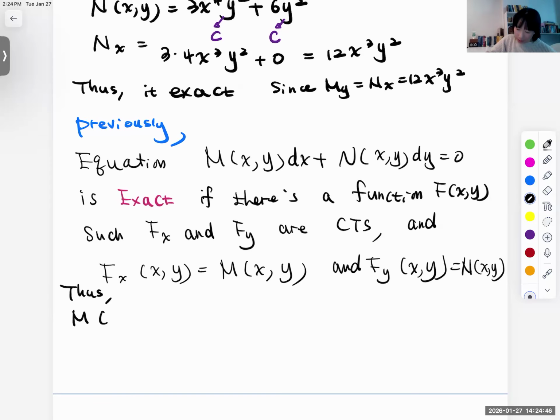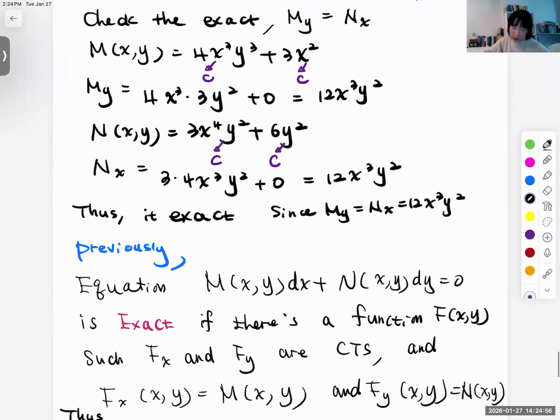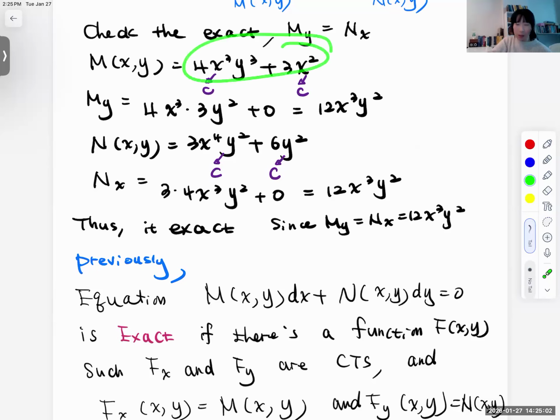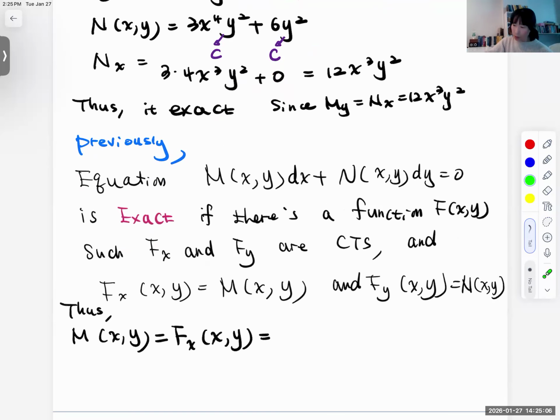So m of x, y equals the partial derivative with respect to x, which is the equation 4x to the third power, y to the third power, right? So let me write out: 4x to the third, y to the third plus 3x squared, right?